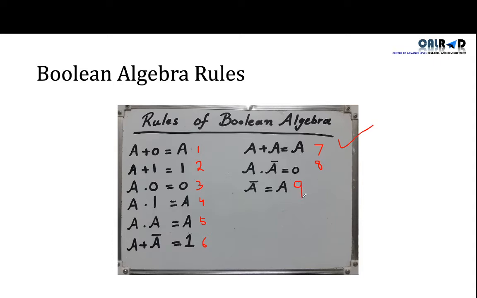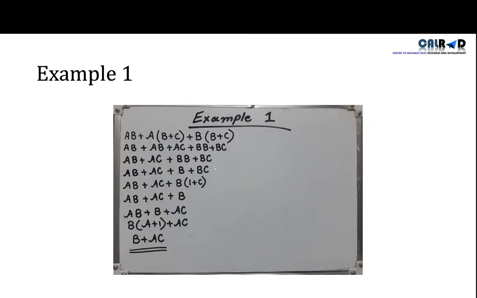In your exam you also have to list down all the laws and you have to number them, because in your solution you have to give the number of which expression we are using for solving the Boolean algebraic laws. So let's start solving our equation.